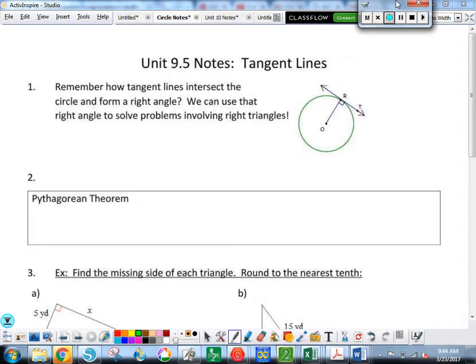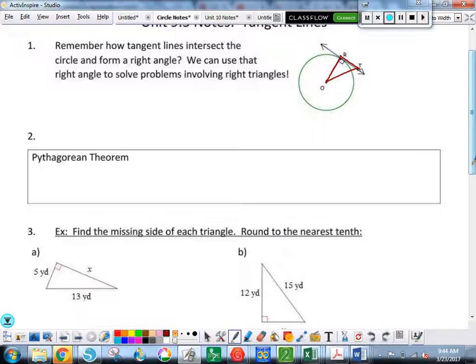Now if you have a right angle and you connect those two pieces, what kind of triangle do you have? A right triangle. So in a right triangle, we can use things like the Pythagorean theorem. On your own, will you please write what the Pythagorean theorem is in that box?